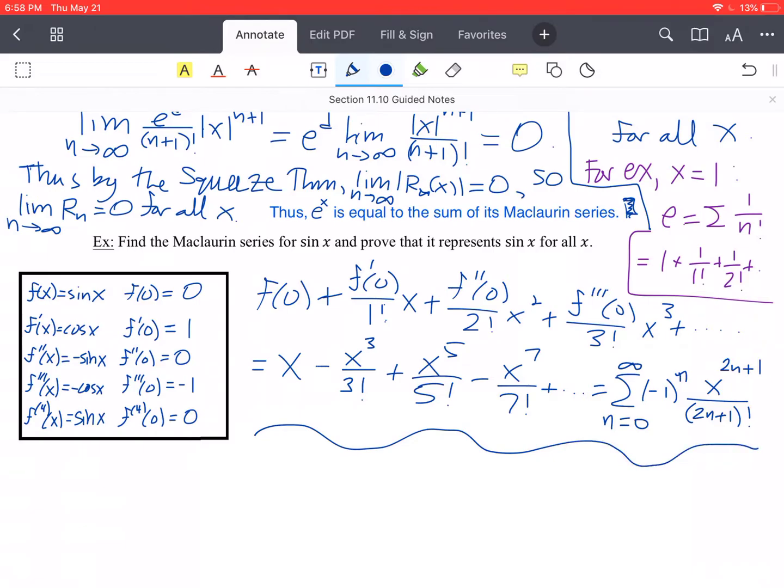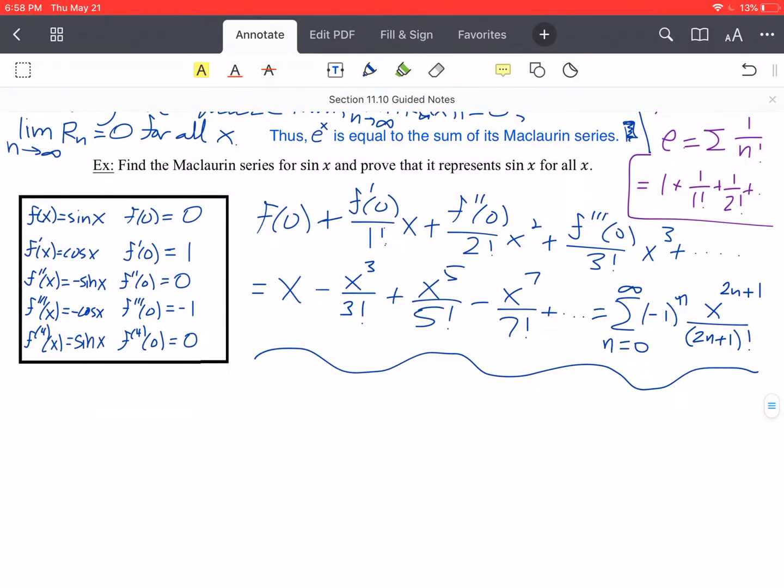And that is the Maclaurin series for sine of x. So this is how we can represent sine of x using a Maclaurin series.